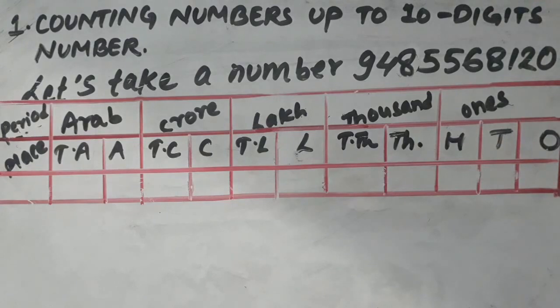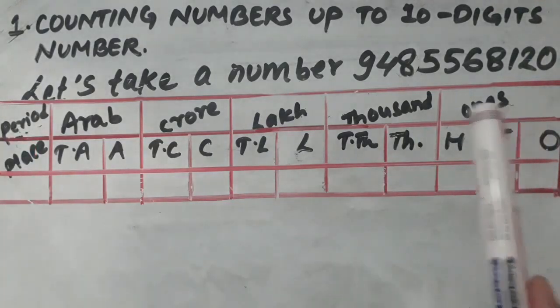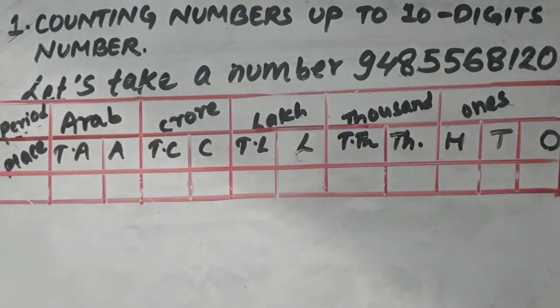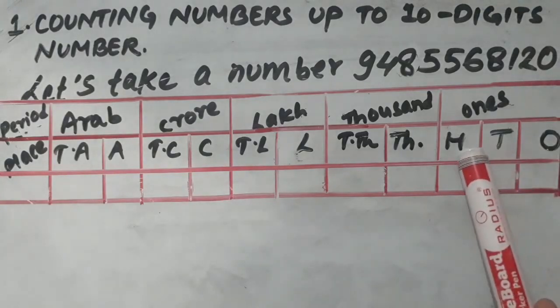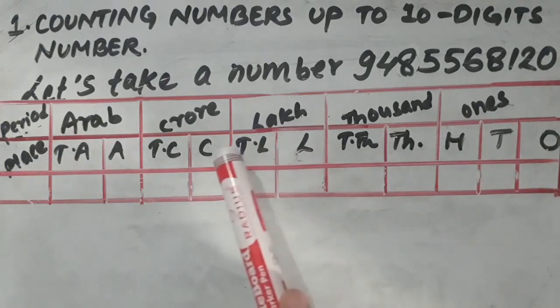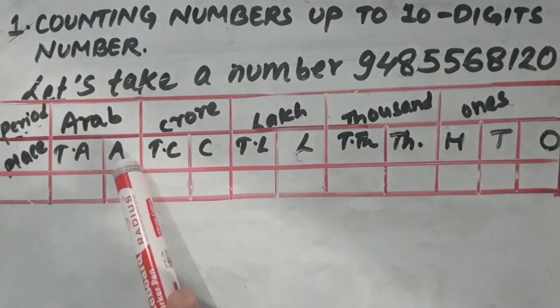So once again, students, period consists of ones, thousand, lakh, crore, arab, whereas place consists of ones, tens, hundred, thousand, 10,000, lakh, 10 lakh, crore, 10 crore, arab, 10 arab.